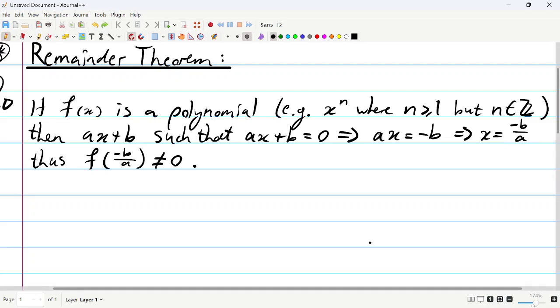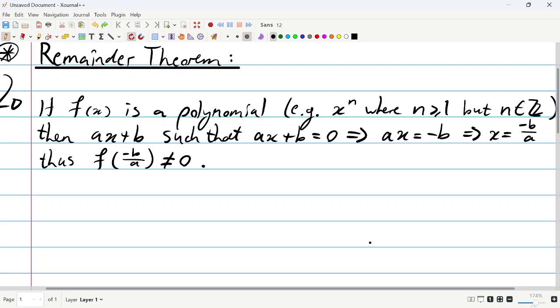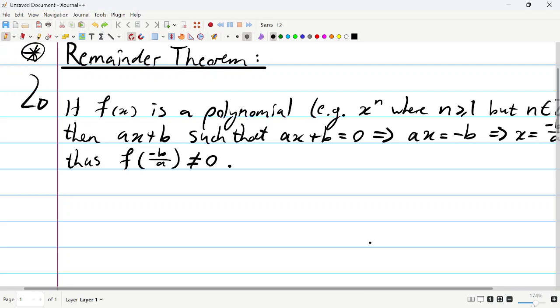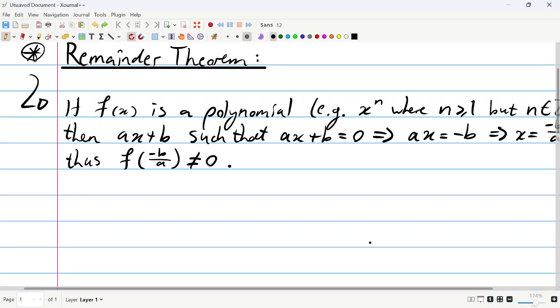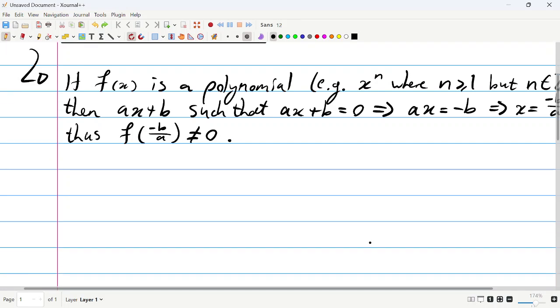Thus f of negative b over a is not equal to 0. So that is the remainder theorem. Obviously a remainder means we have something remaining. If it wasn't a remainder, then it would be 0. That means we would have nothing that remains.